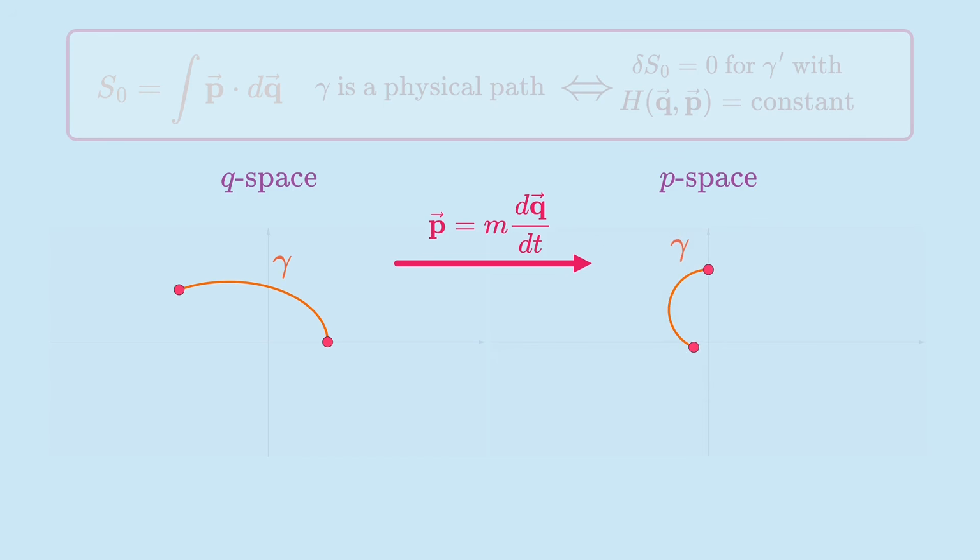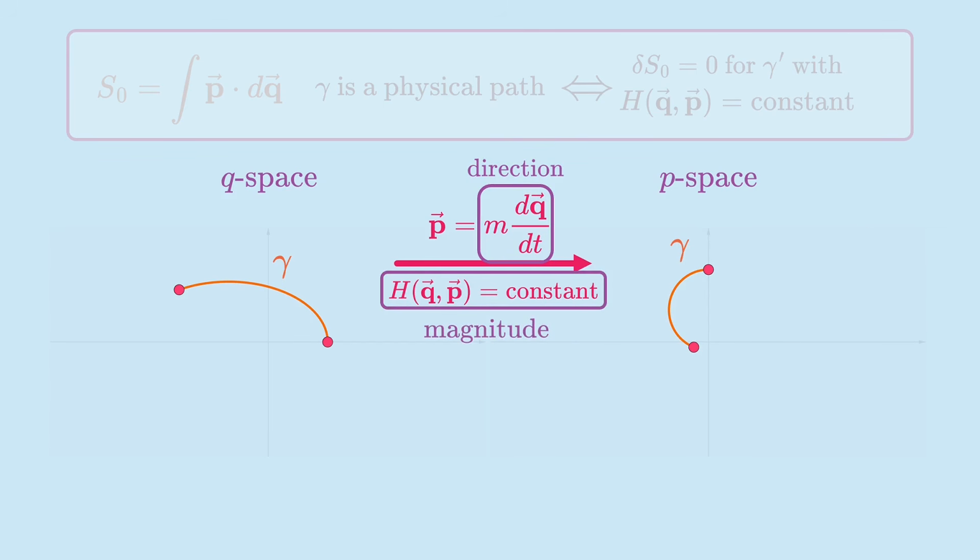The only trouble is if we only have this curve in Q space, we don't know how Q evolves in time, let alone the velocity. We still know that P is pointing along the tangent though, so we know the direction of P. The magnitude can be found with conservation of energy.